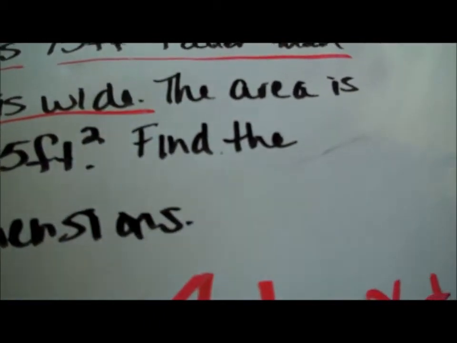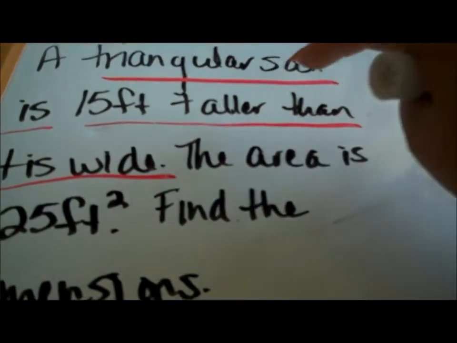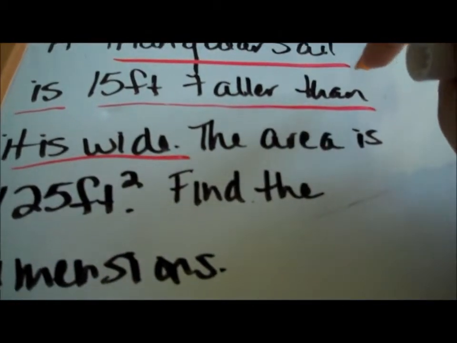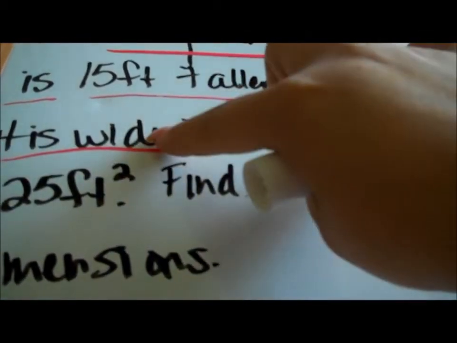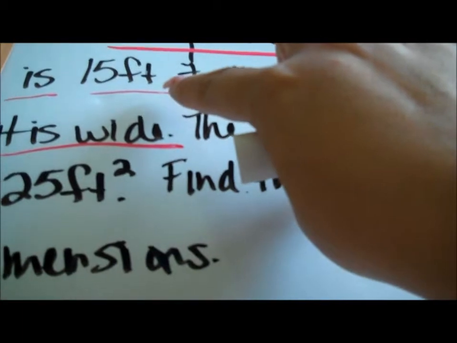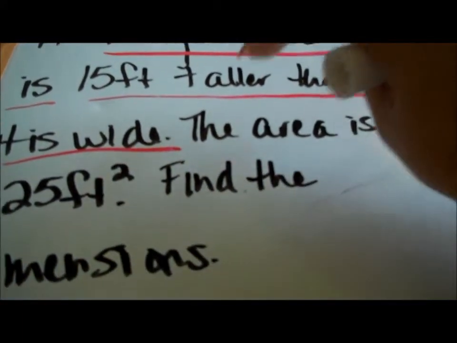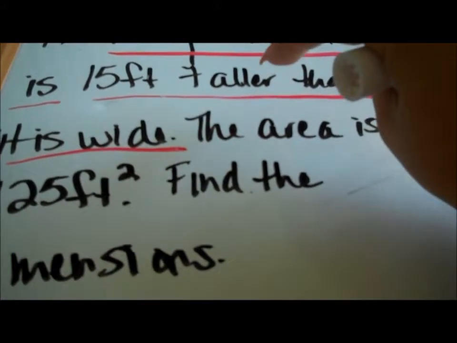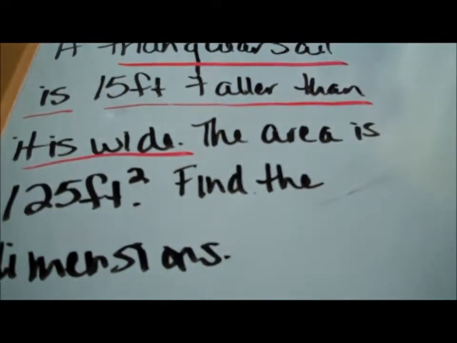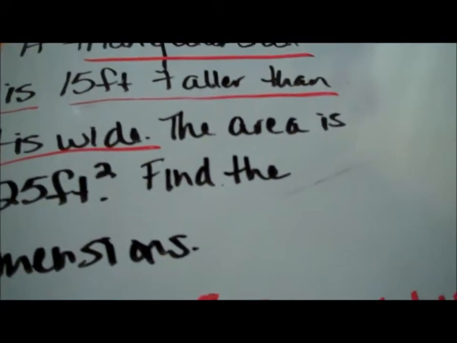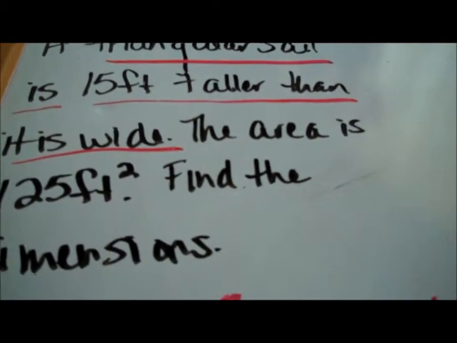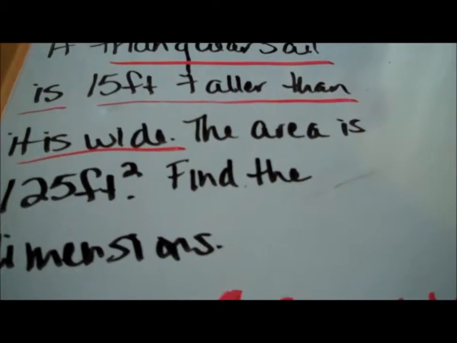Remember, if it says more than, less than, taller than, this is written backwards. The width goes first, then the plus 15. Again, that's a good habit just in case you do have the words less than. If it has the words less than, you have to write it backwards. You don't necessarily have to write it backwards when it comes to addition, but again, it's a good habit to have.